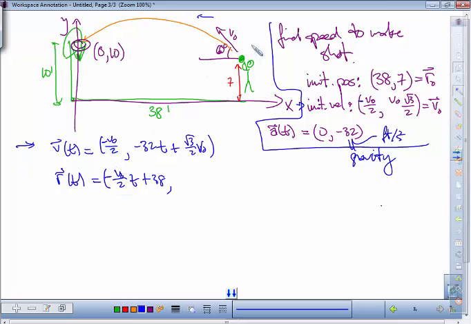That would have shot this way, and we would not have gotten close to getting 0. All right, so we got the 38 as your initial x constant position, and then the 7 will come up here when we integrate this. So it's negative 16 t squared plus root 3 over 2 v naught t plus now your 7. So now we have this completely done.